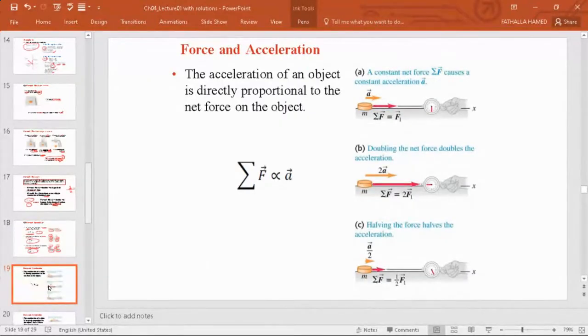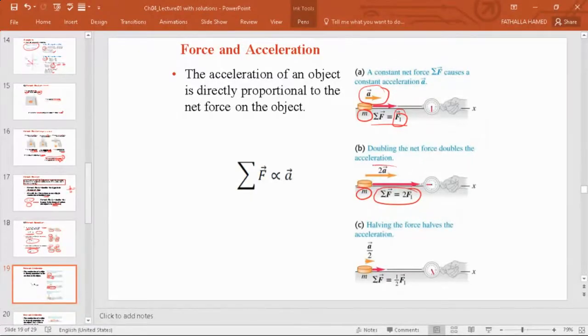Now, what happens if I want to look at the mass? So let me take a situation where I'm using a puck with mass m, and I apply a force here which is equal to F1, and I measure the acceleration. I will measure acceleration A. Now I will keep the mass, and then I double my force.